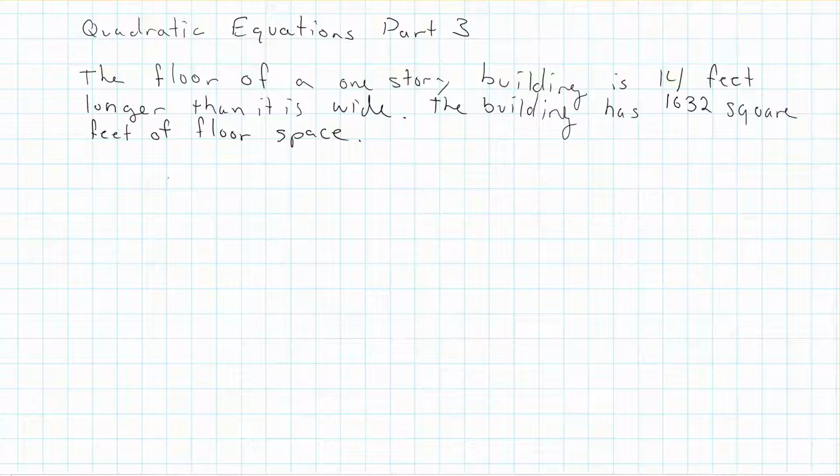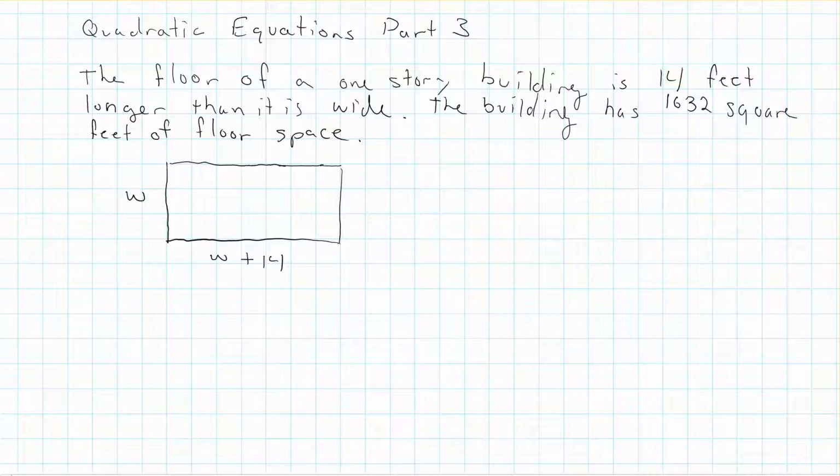And this particular problem I'm looking at gave us a picture of what this looked like. So basically this was W for width, and this was W plus 14 for its length. And then there were two questions.